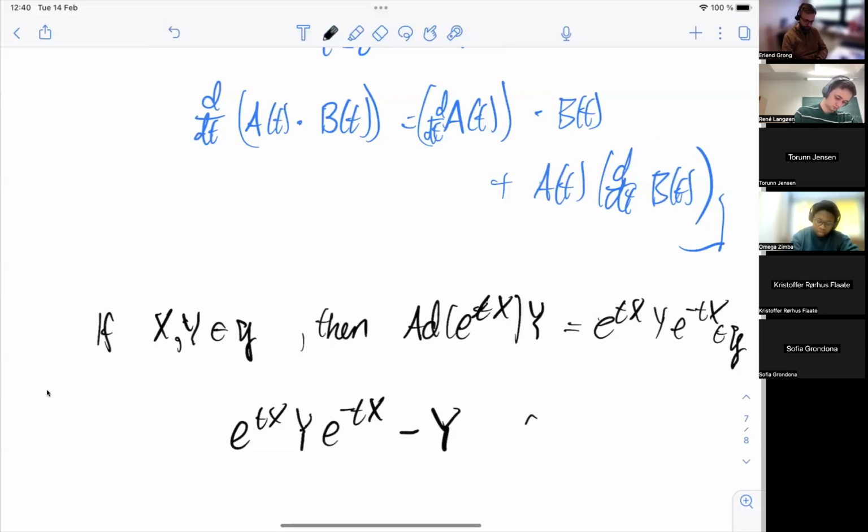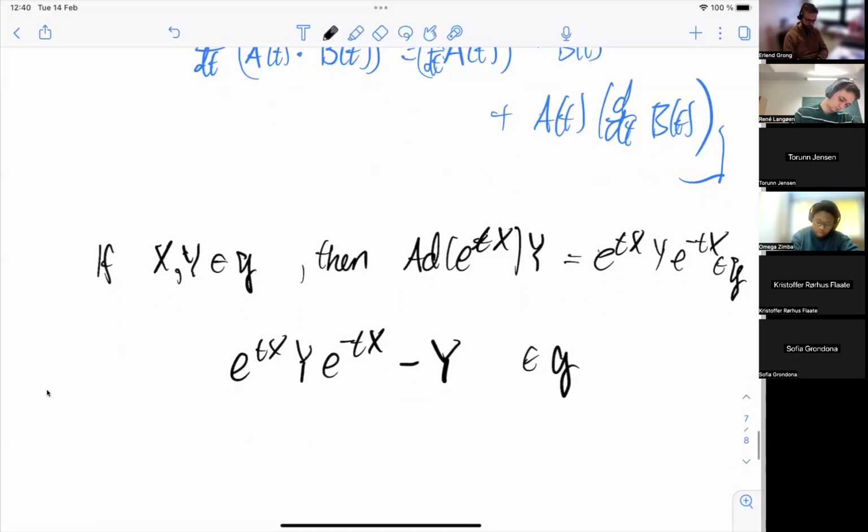This will be in G. And if I'm closed under scalar multiplication, I can also divide by t.